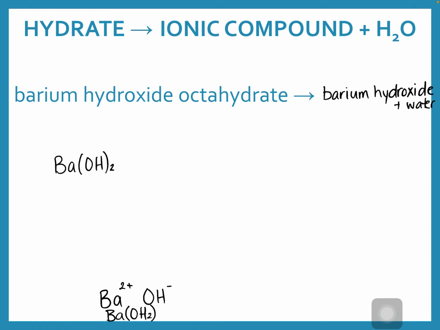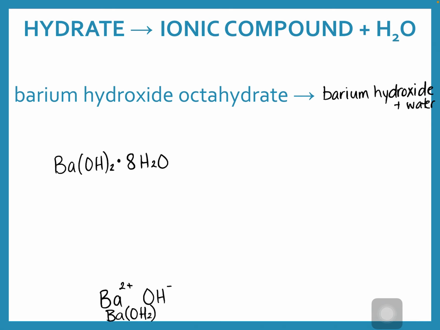The hydrate just means water. Octa means 8, and so the way that I show 8 waters being attached to barium hydroxide, I'm not going to use a plus because that means it's separate. I'm going to use, similar to in math where we can use a dot to signify multiplication, a dot, 8, and water. So this is barium hydroxide octahydrate.